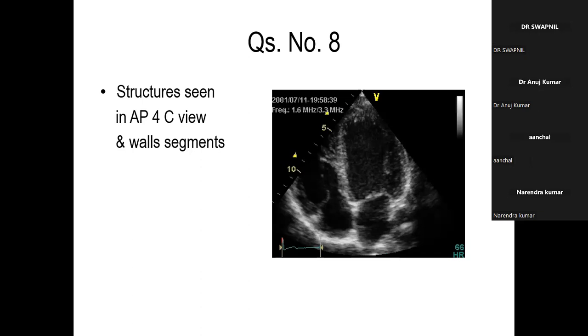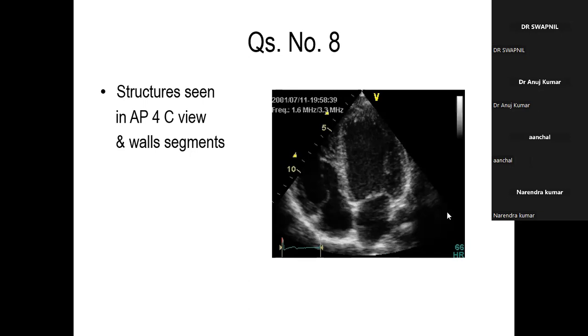Dr. Narendra Kumar, I'm saying this is the descending aorta. How can you prove this is the descending aorta? The aorta will not collapse, but the pulmonary vein will collapse. And in color mapping, the flow will be blue in the descending aorta. No, that's wrong.